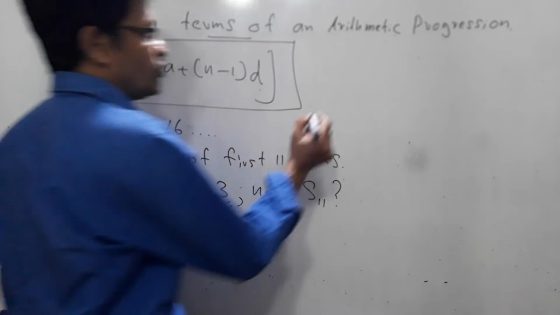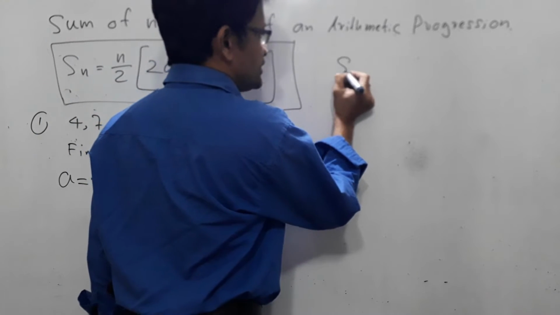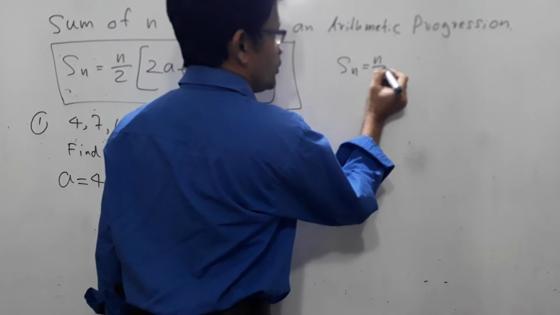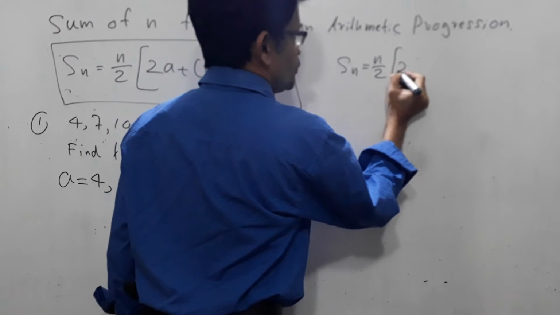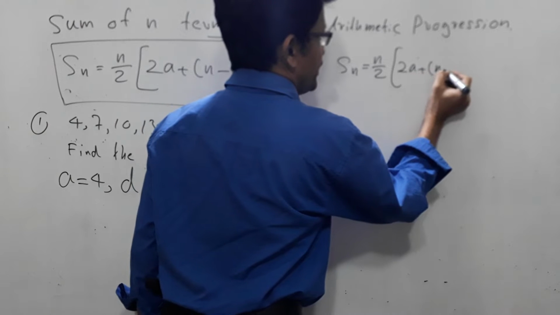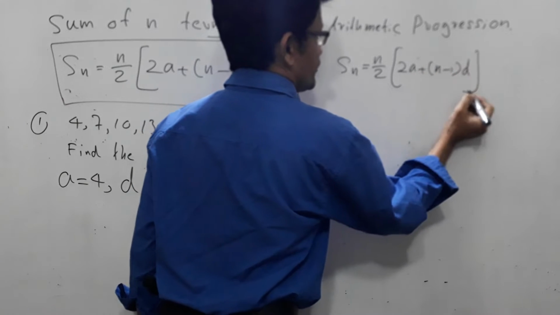So I write the formula. Sum of n terms Sn equals n over 2 bracket 2a plus (n minus 1) d.